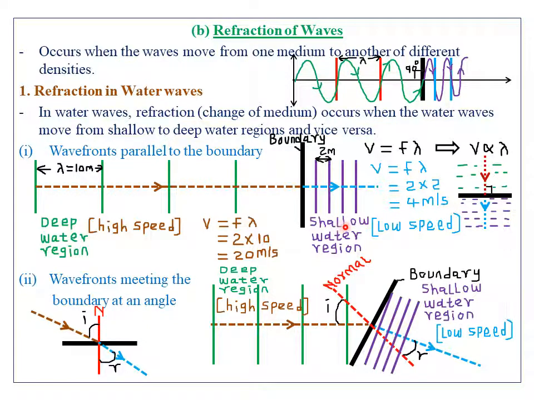In shallow water regions, the speed will be very low, but in deep water regions, it will be very, very high. We have said the reason is that in deep water regions, the wave moves in such a way that the distance between successive wave fronts is larger. Therefore, the wavelength is also larger in deep water regions.